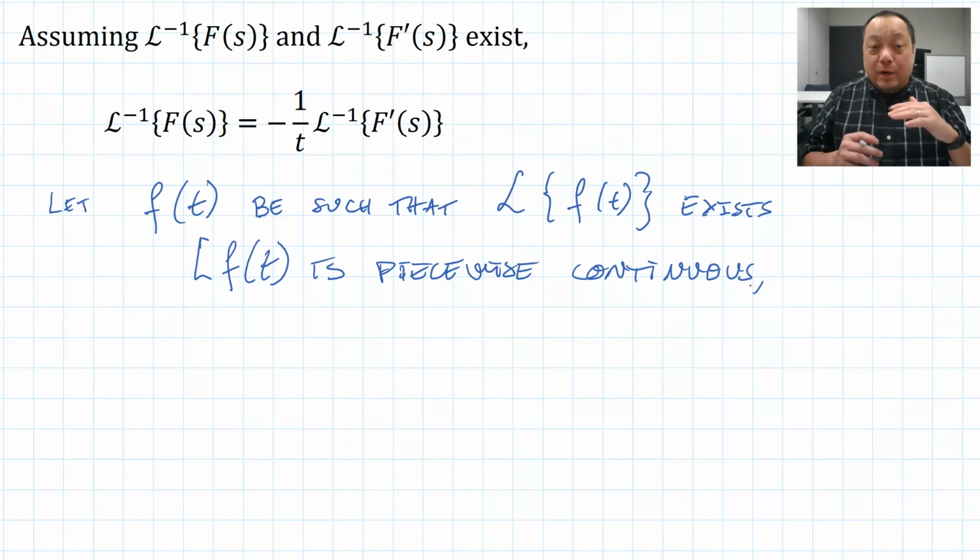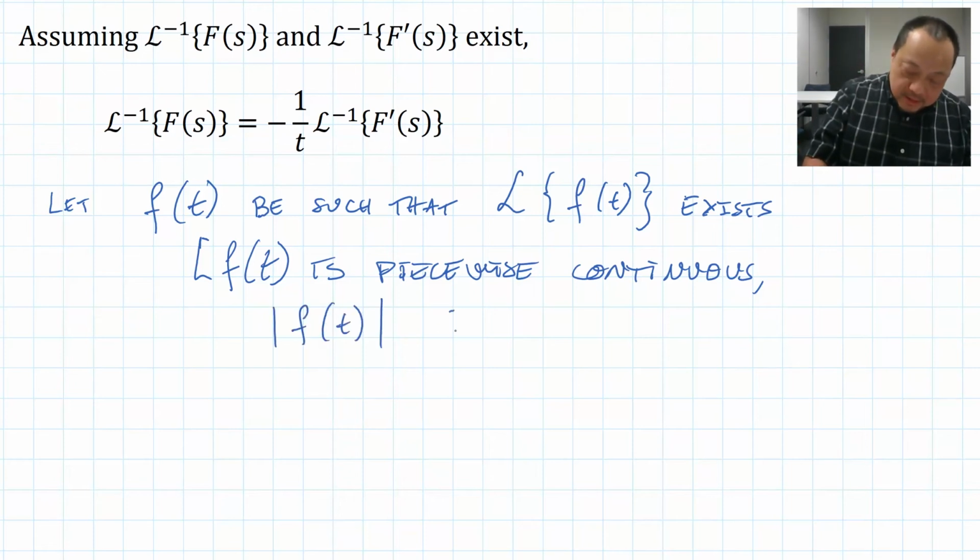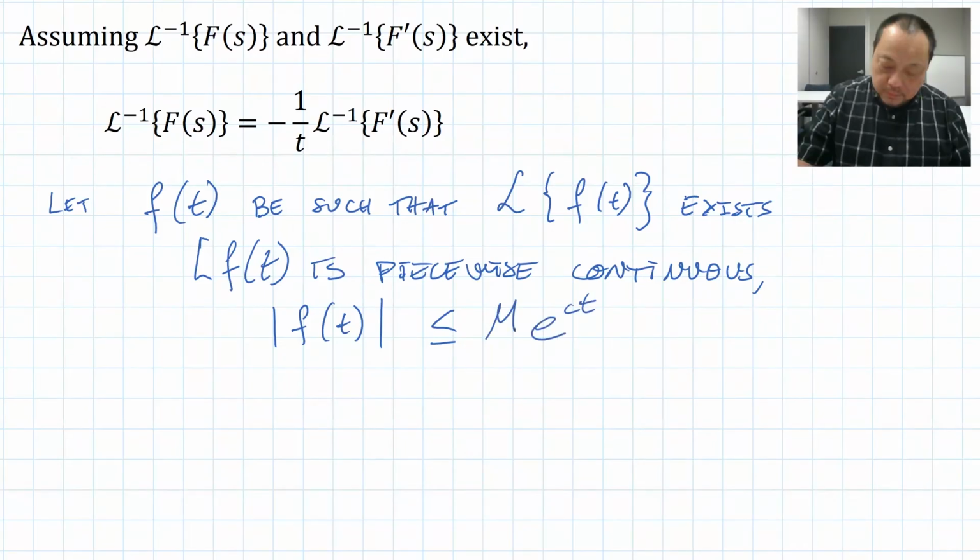It will have to be bounded by some exponential function. It's less than or equal to some exponential function, and the general form of an exponential function is e to the ct times some constant.